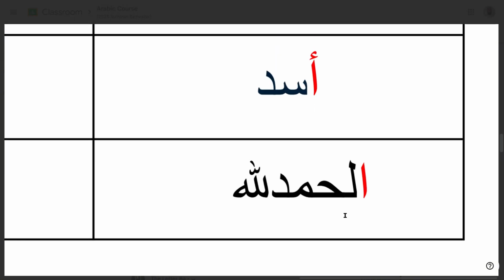And the word alhamdulillah, we have alif in the beginning. This is actually an L. The L does combine to its left, and sometimes it has that little, I'm going to call it a hat, but sometimes it doesn't have it, so many people may confuse it as an alif. I'm going to say it again. Alif does not connect to its left. Alhamdulillah starts with an alif.